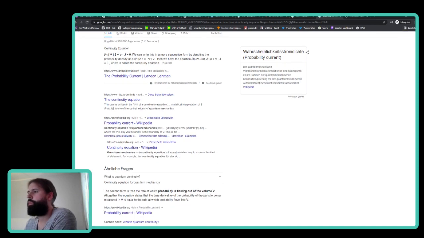The second term in the equation for quantum is the rate at which probability is flowing out of volume V. Altogether, the equation states that the time derivative of the probability of the particle being measured in V is equal to the rate at which probability flows into V.